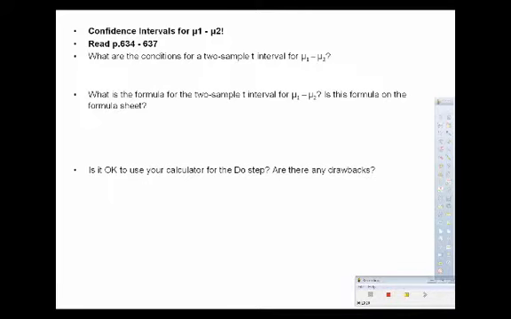What is the formula for a two-sample t-interval of mu1 minus mu2? Is this formula on the formula sheet? Well, there it is. Your first sample mean minus your second sample mean, plus or minus your t-star, and then your standard error. Is it on the formula sheet?